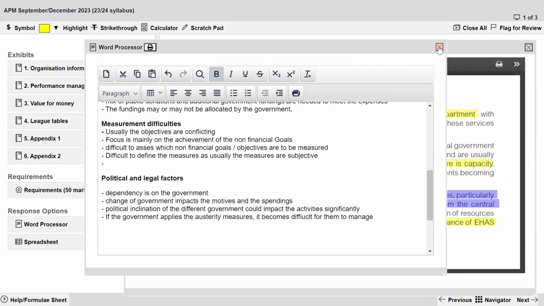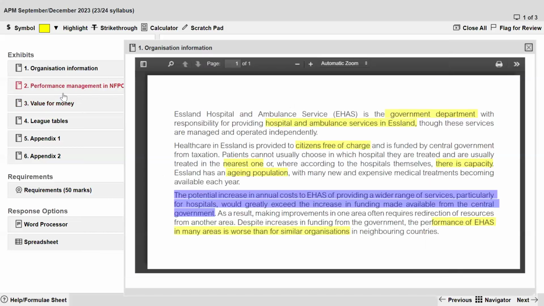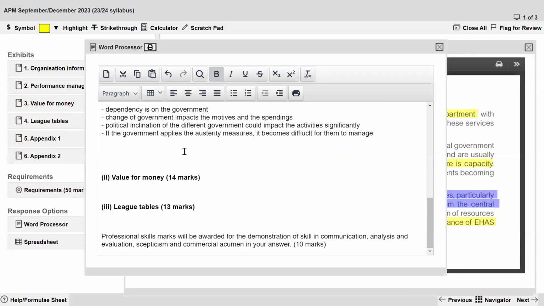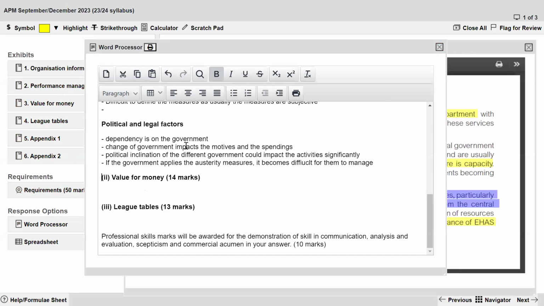Okay, now good enough. So basically, this was one of the requirements, and what we have done is that we have listed down the pointers for this. Now let's move a bit forward, and we have this second requirement, which is about value for money.